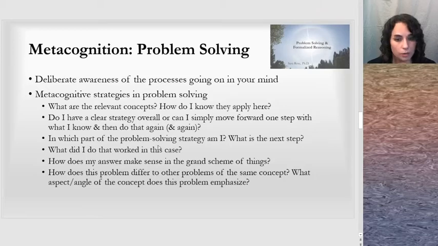In which part of the problem solving strategy are you? What is the next step? What did you do that worked? Because as you monitor your problem solving, if something happened that did work, you can keep note of that. And if there's something that happened that didn't work, you can say, I'm not going to do that again. Or what about this problem, that this didn't work in this particular problem?